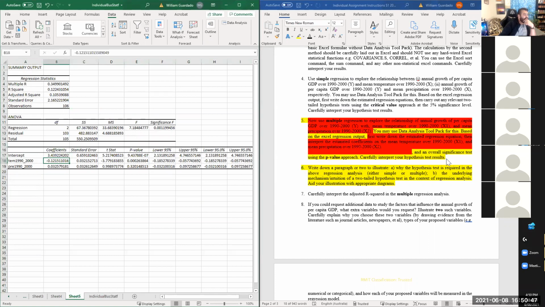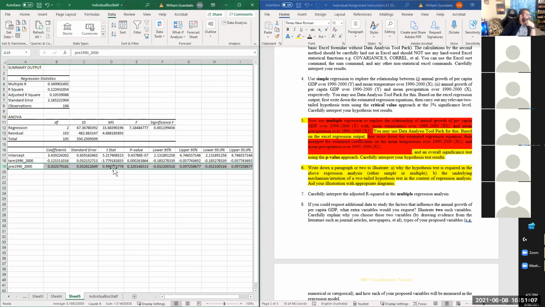And so for this one, question 5, you do 2 hypothesis tests for each of your variables. So you do it for this one and for this one.